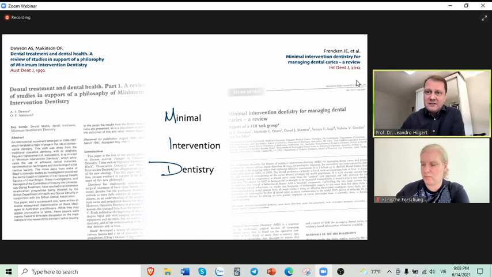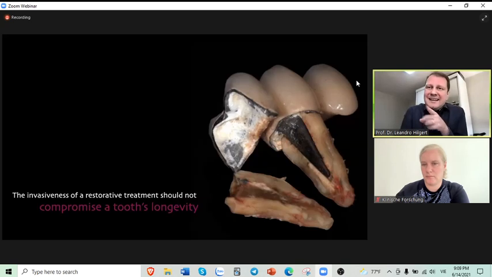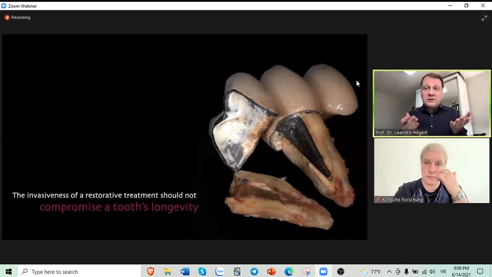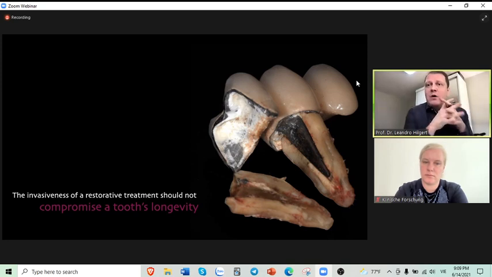Yes, sometimes they're much needed in our treatment protocols, but restorations cannot be so invasive that they compromise the tooth's longevity. If I need to choose what I want to last longer, the remaining tooth or the restoration, I will always look for treatment procedures that preserve the tooth a little bit more.